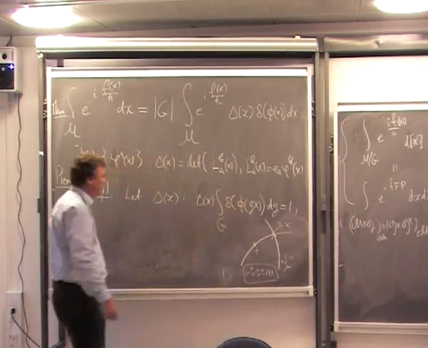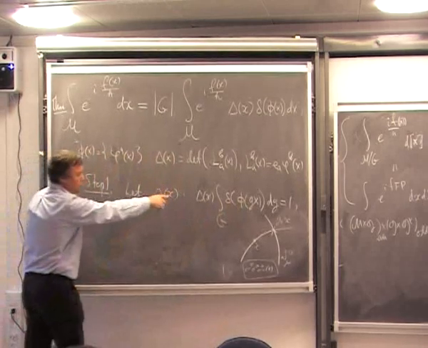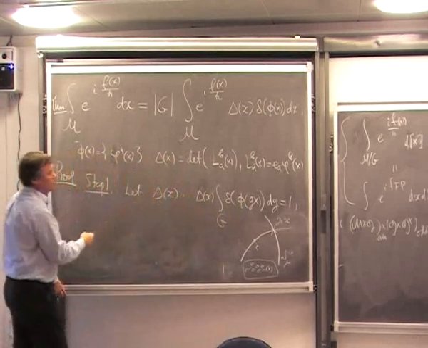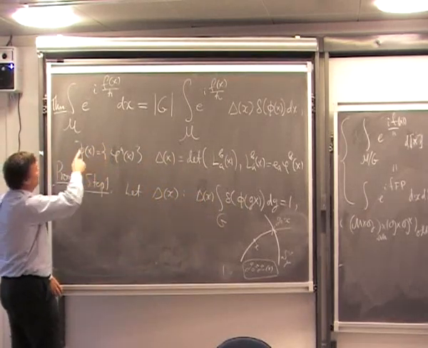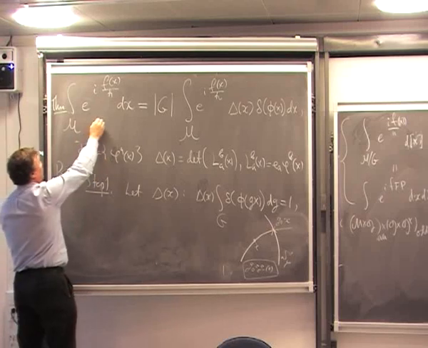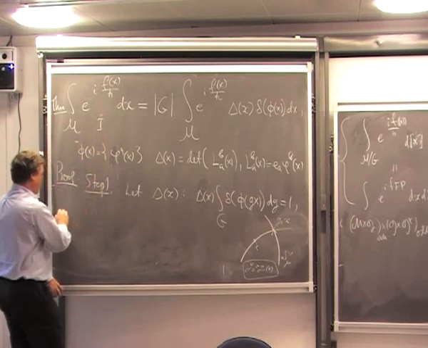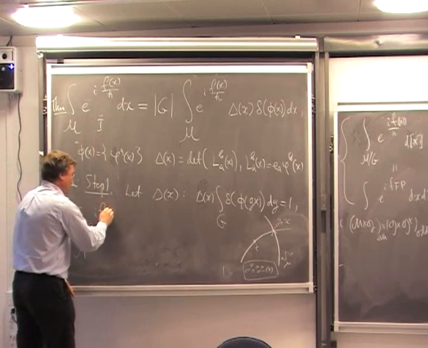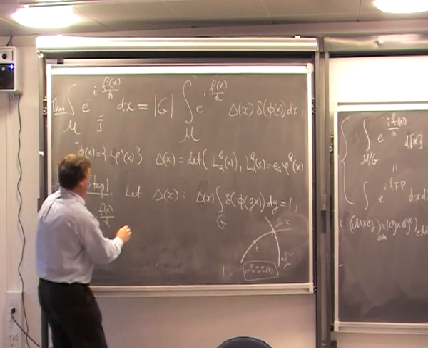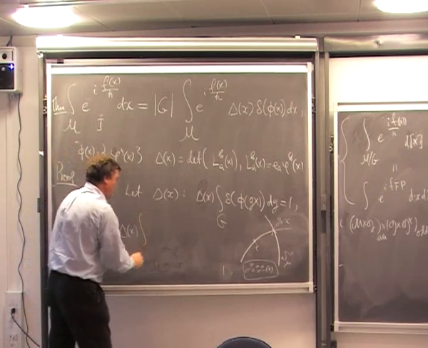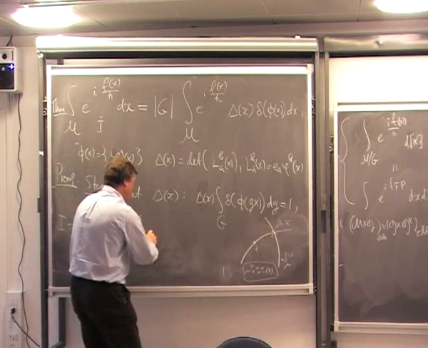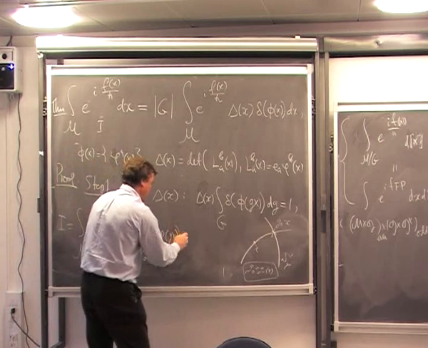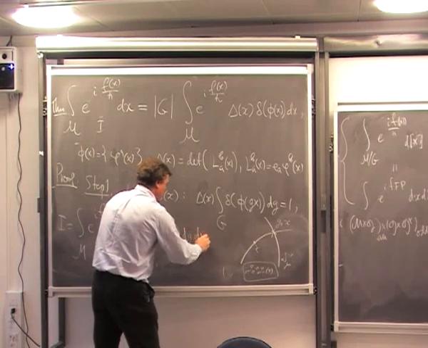So then we can compute this del x, and this will be step 2. But first, let's just insert this 1 into this integral. So if this is I, I is equal to the integral over m, dx, dg dx.